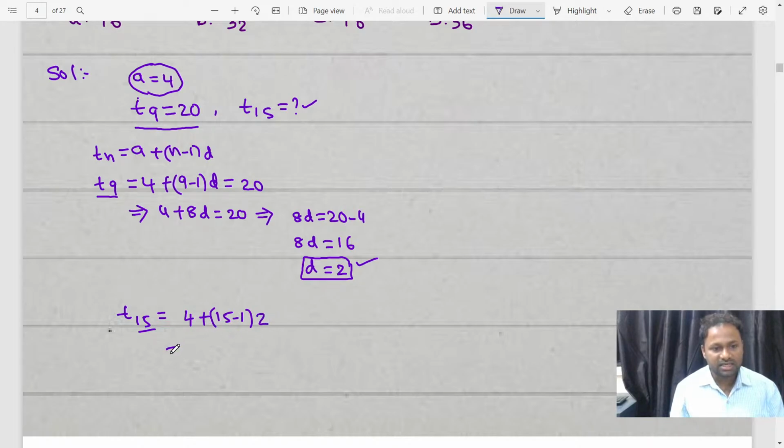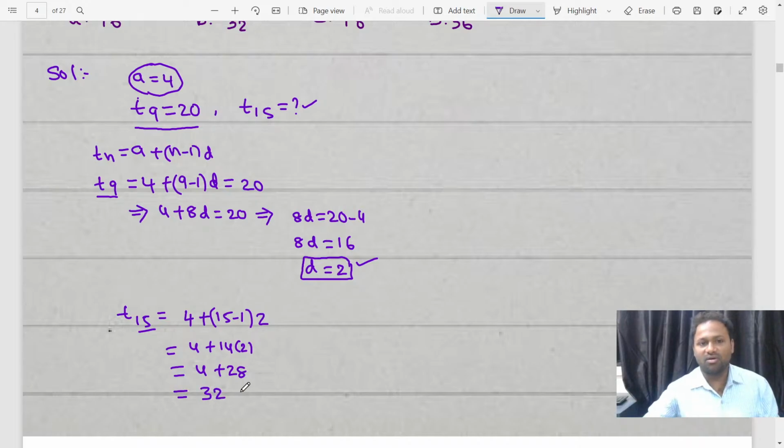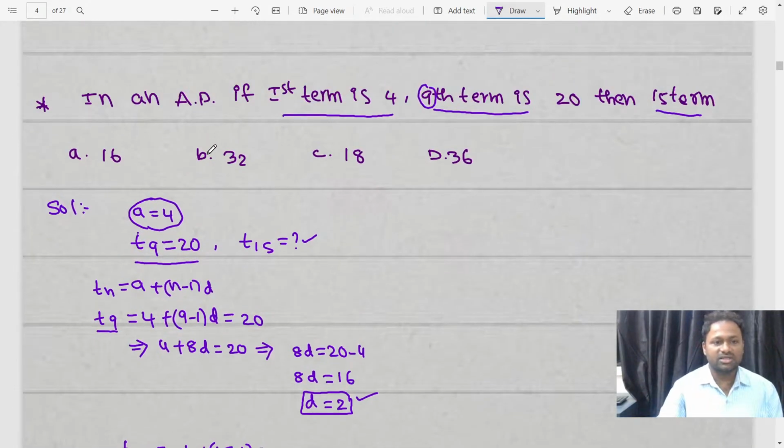That is equal to 4 plus 15 minus 1, which is 14, into 2. That is 4 plus 28, which is 32. I got the answer 32.